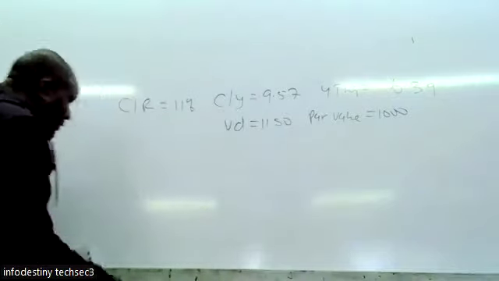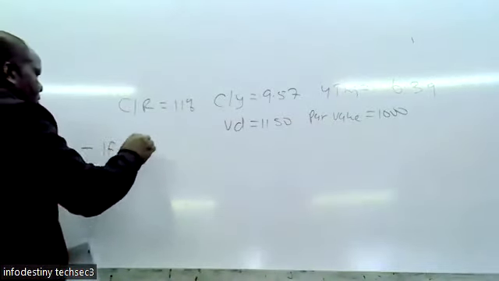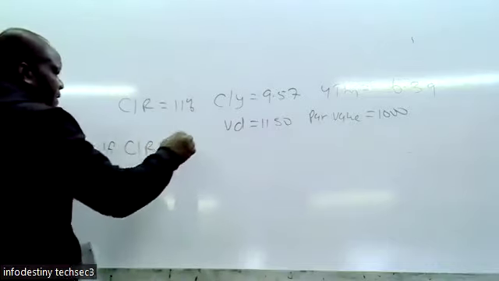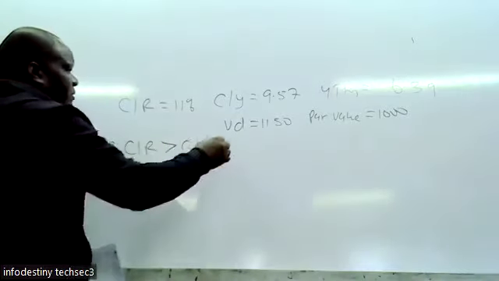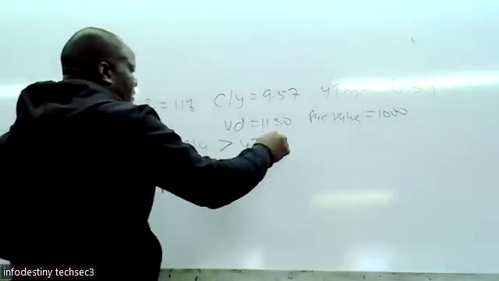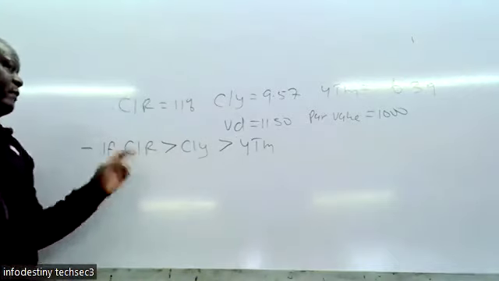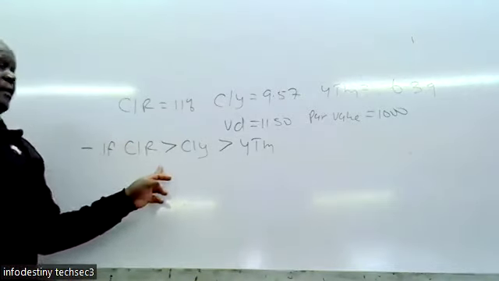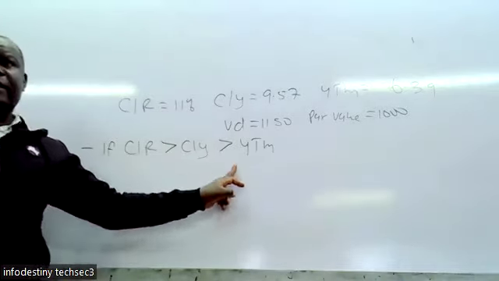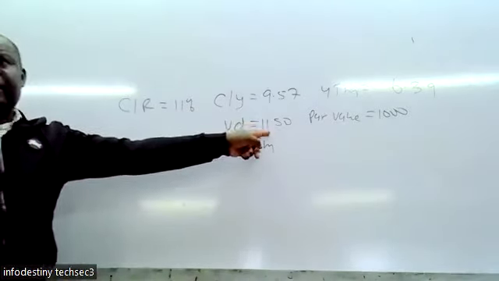The first dash, you say that if the coupon rate is greater than the current yield, which is also greater than the yield to maturity, then the bond is selling at a premium.